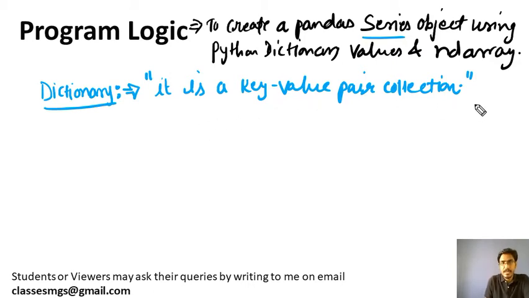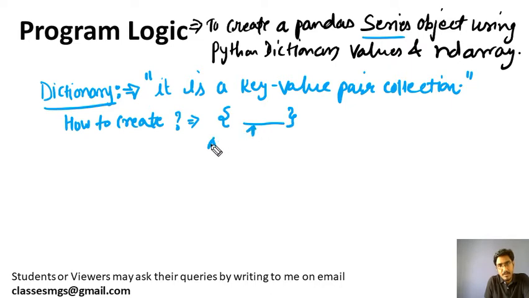I am just briefing it: what is a dictionary and how to create a dictionary in Python, using curly brackets like this. Using these curly brackets, here we will have all the key-value pairs. For example, let's suppose a dictionary of student names and their ages, stuData.